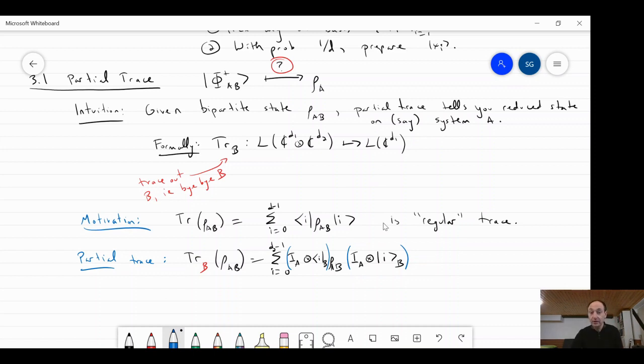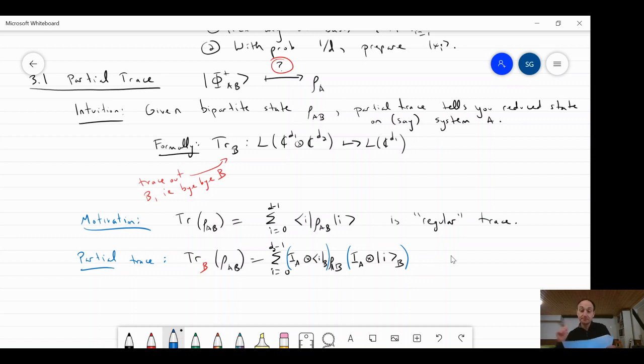You'll notice how, on the A subsystem, we're hitting it with a matrix, so the dimension of the A subsystem won't change, but on the B subsystem, I've got a D by 1 column vector, right? So that's going to take the dimension down from D to a scalar, just like we want. Okay, so that's the partial trace, and now we're just going to do some exercises, okay?